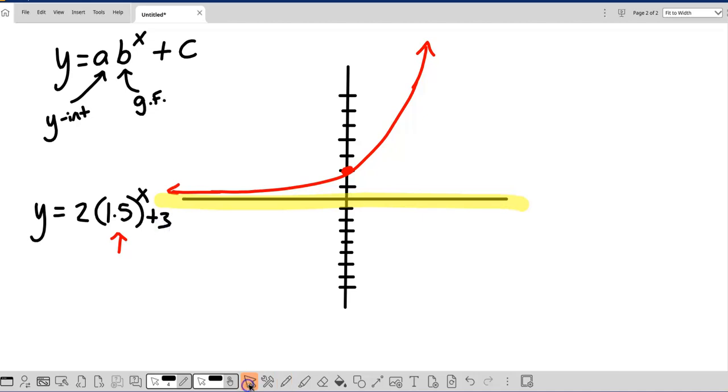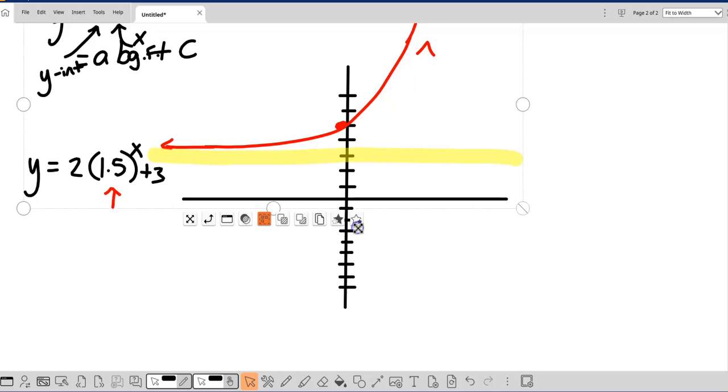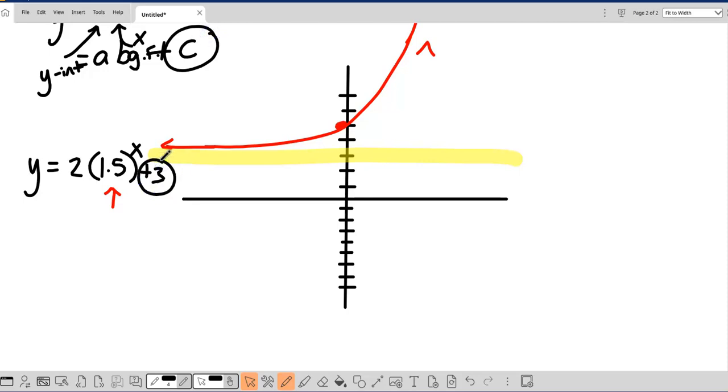So it's going to take this whole function here and make it go up 3 spaces. Now, notice that the asymptote is no longer on the x-axis, right? It's at 3. So whatever number you put right here, that's basically going to be your horizontal asymptote.